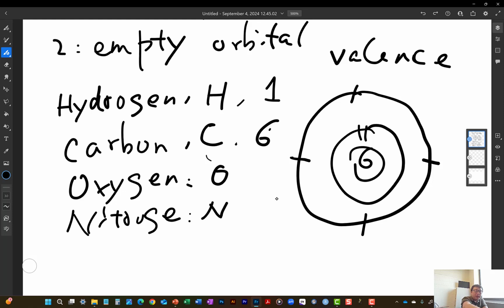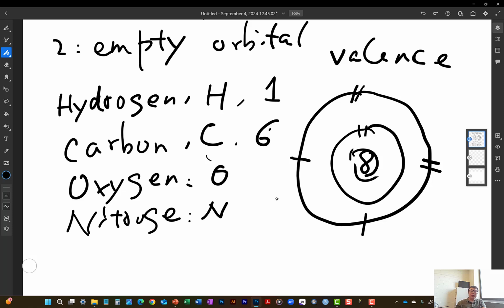And then let's say oxygen. Oxygen has 8 in the center. Again, fill the first shell, shell 1, with 2 electrons, and then the second shell: 4 electrons will fill 4 different empty orbitals first, and then there are 2 electrons left, and these 2 electrons will have to pair with one of the electrons.